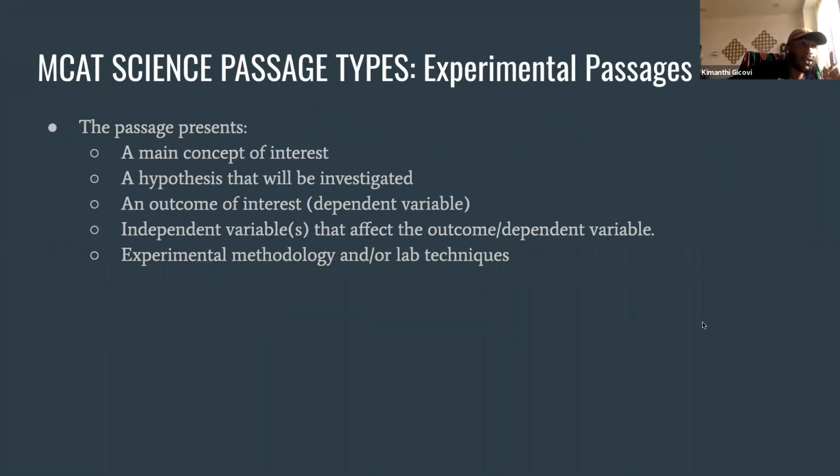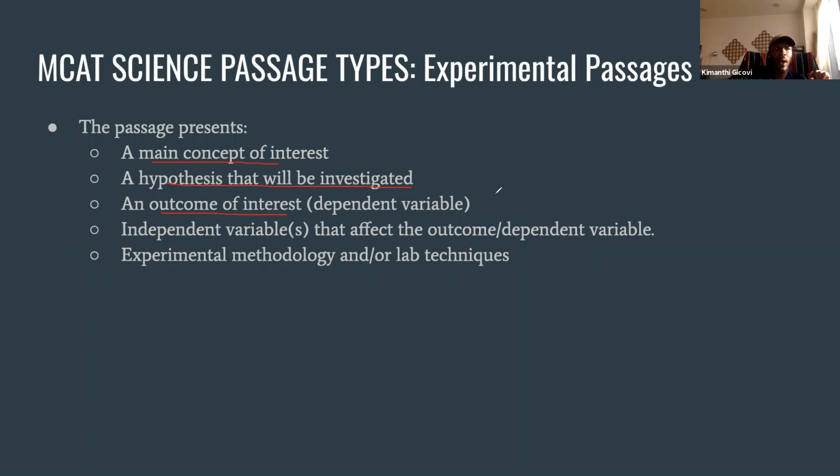So the experimental passage, the most dreaded type of passage. Super easy. And after today, I hope you guys are gonna see these passages and kind of enjoy them. It's an experiment, and like every experiment, it's gonna have the same components that you learned in high school when you learned the scientific method. It's gonna have a main concept. It's gonna have a hypothesis that's being investigated. It's gonna have an outcome that the researcher is interested in.